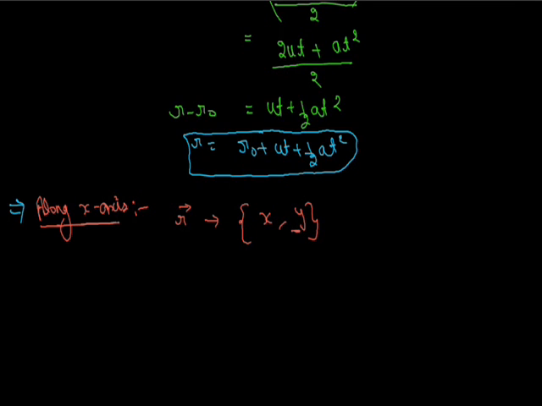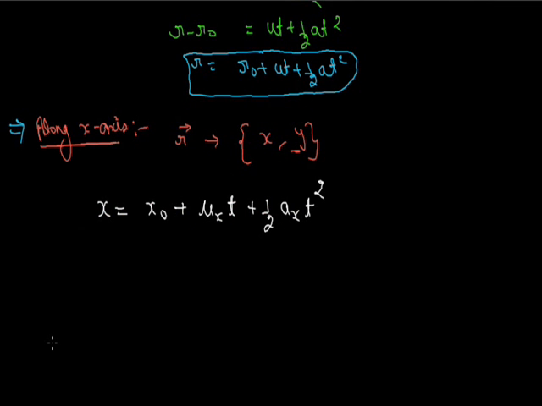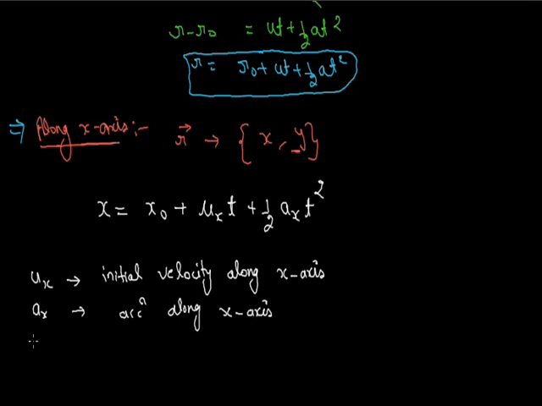So along the x-axis, r is x and initial is x naught plus ux into t plus half ax t square, where ux is the initial velocity along the x-axis, ax is the acceleration along the x-axis, and x naught is the initial position.